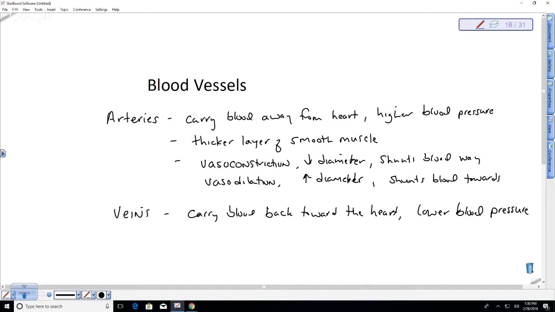Sometimes you can't get the blood to come out of the legs, and the blood will start to pool in the feet. One of the mechanisms that aids in the movement of blood up against gravity is the fact that veins have valves that prevent backflow of blood.